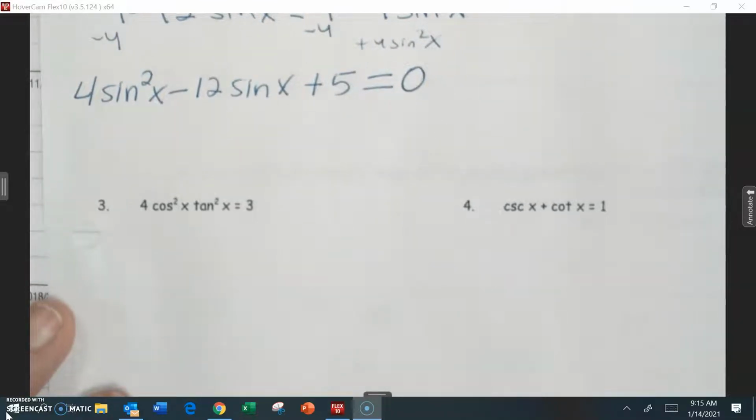Okay. Where would we go from here? Factor. Let's see if this factors.